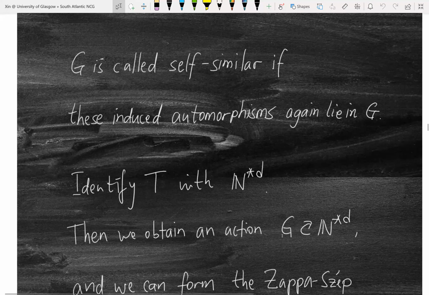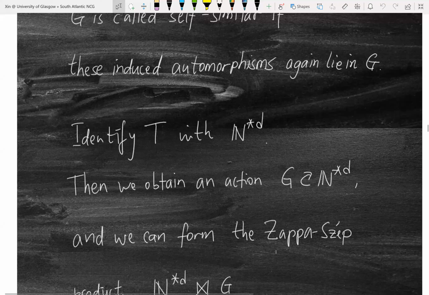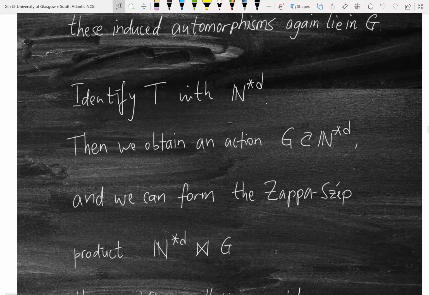This will be an action, but not by monoid automorphisms, but by something not quite as nice, which still carries a lot of structure. And this structure allows you to form what's called the Zappa-Szép product. So you have this monoid, and you form the Zappa-Szép product by this group.